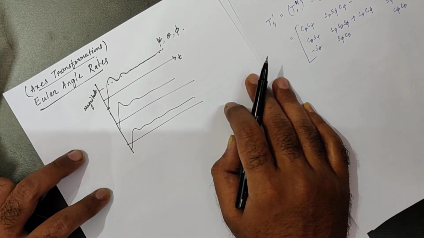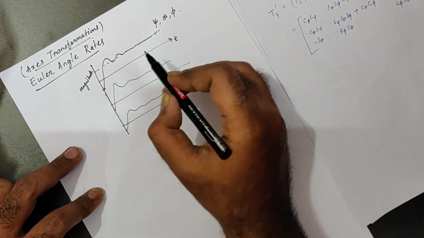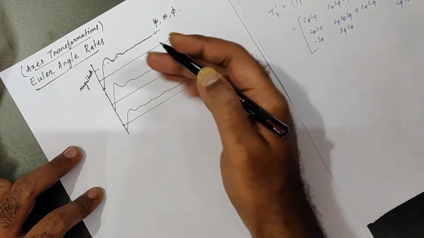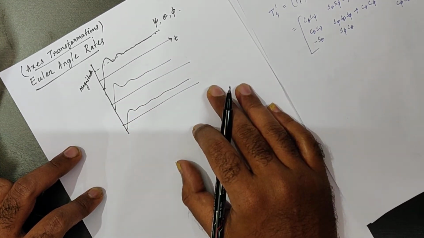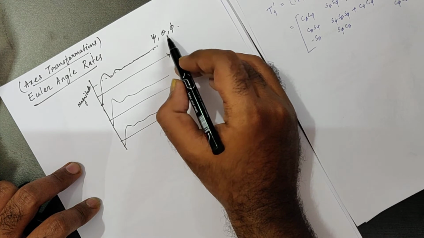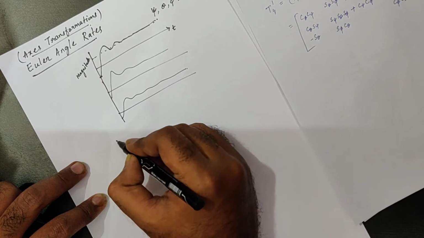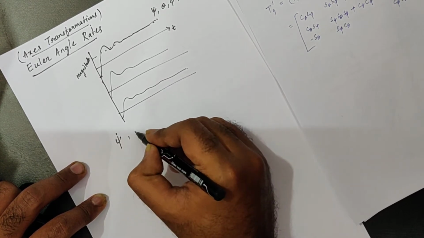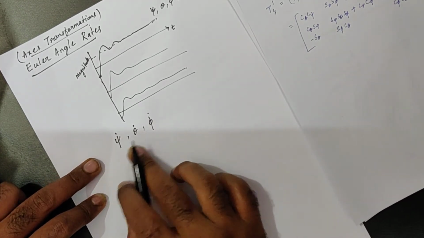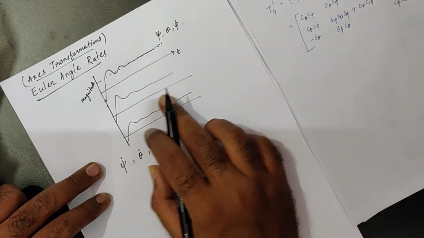Okay, so to obtain these parameters and the related time responses, we need to compute these parameters at each time instance, and to do so we need to have the knowledge of the time derivatives of these parameters. So if we know these, then we can integrate to get these plots.